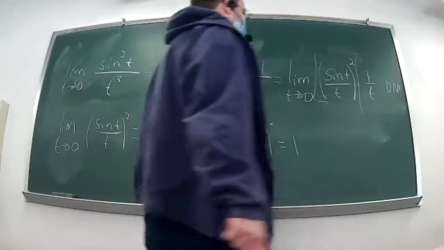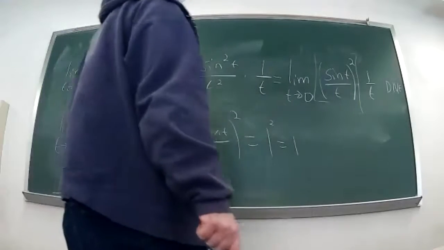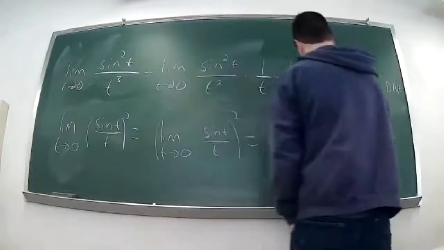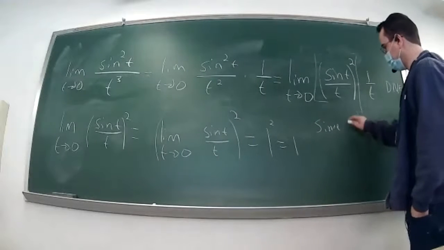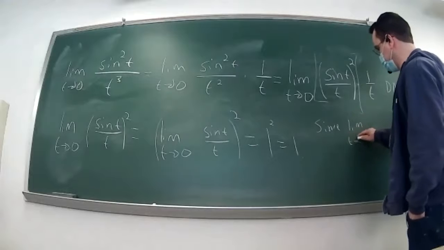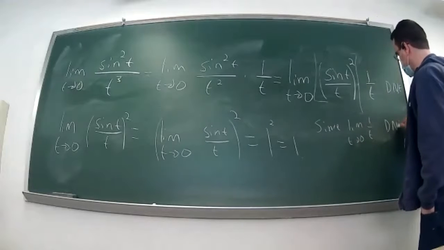infinity. And so on my test, I'm probably going to write once again one concluding sentence, like since the limit as t goes to 0 of 1 over t does not exist.